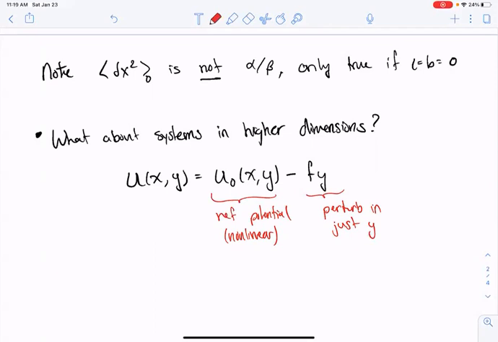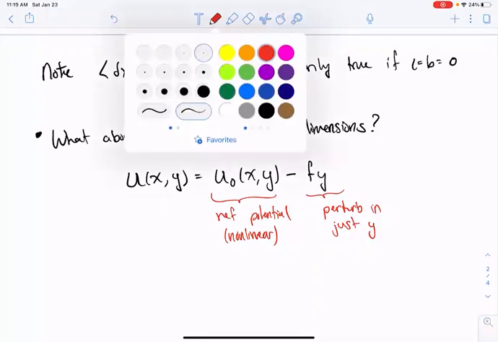Now, one could take a step back and ask, what should we expect? If we push in the y direction, should the average of x change? Or under what conditions will the average of x change? So what do you think?